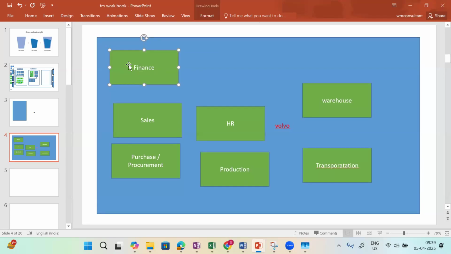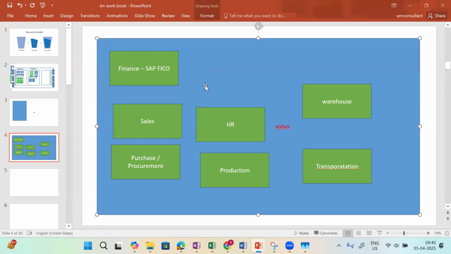That department is called finance. If Volvo has gone with SAP ERP, to handle finance they have SAP FICO as a module. Money is the finance department, and FICO is the module within SAP.